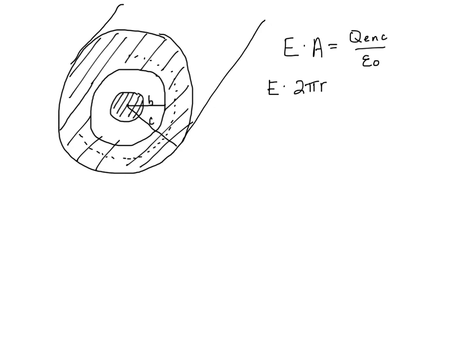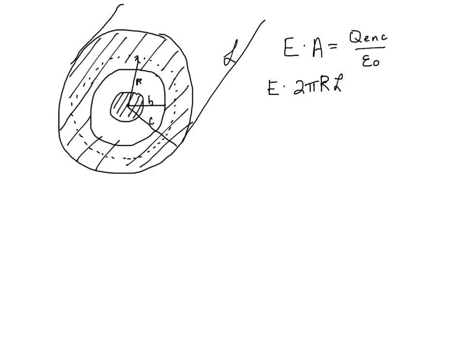The r is going to be arbitrary, but we know that it's going to lie between B and C. The r is shown here. I'll go ahead and use a capital R, and I'll be consistent and use a capital R over here as well. And of course that's multiplied by the length of the cable L as well.